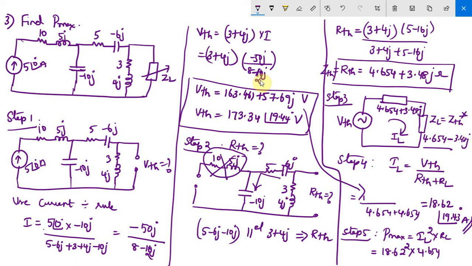So I square into RL is equal to 1614 watts. This is the final P max. So for the given question, your load impedance is equal to 4.654 minus 3.48J, and your P max is going to be 1614 watts.